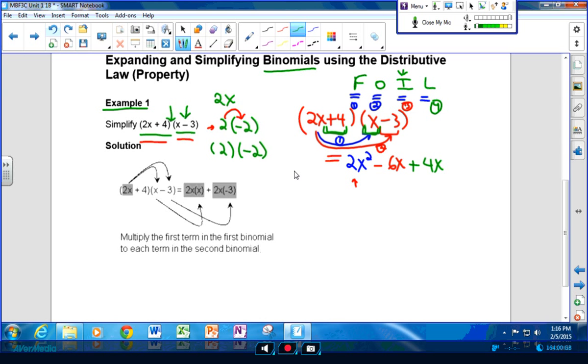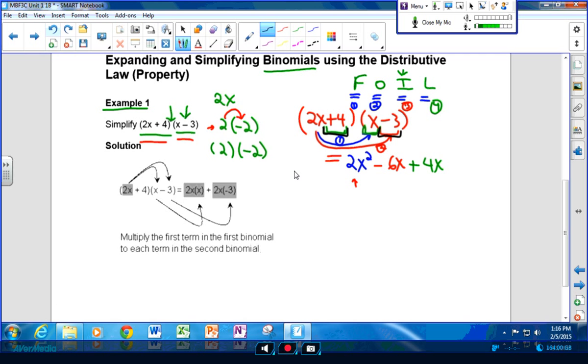And I'm going to change to black. Bring out the black ink for a rare visit. So last means that we're going to do the last terms in both binomials. So I have a plus 4 and a negative 3. And I'm going to keep saying this: when we're using FOIL, when we're using the distributive property, when we're doing our multiplications, the sign in front of the number or variable is part of the calculation.